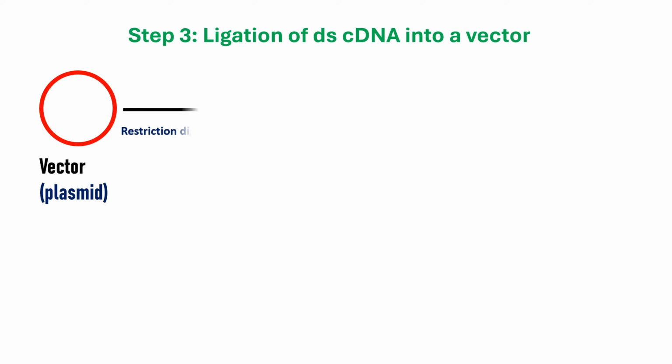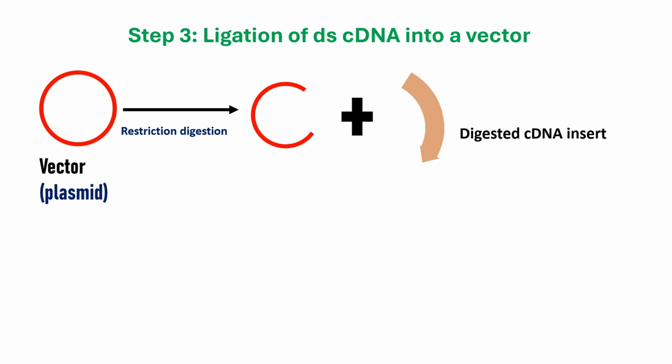By treating the vector, it would also be digested at specific regions to create an open, or digested, form of our vector. We can then combine the digested plasmid and the digested cDNA insert to obtain our clone. And we can then move on to use this clone for the transformation.